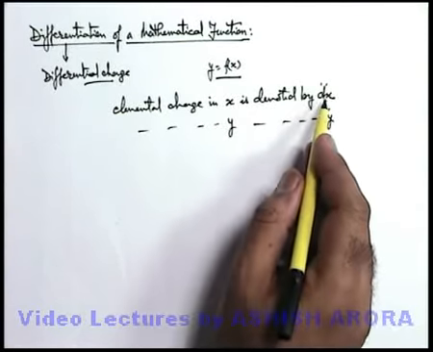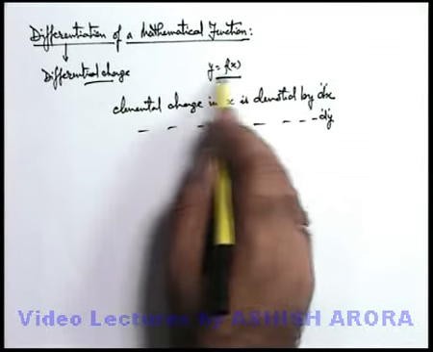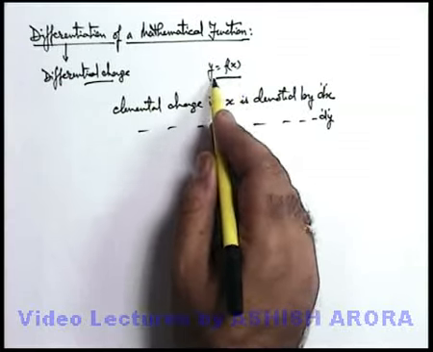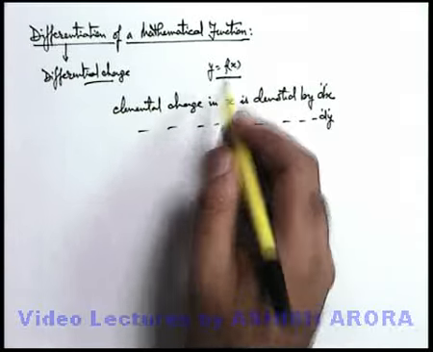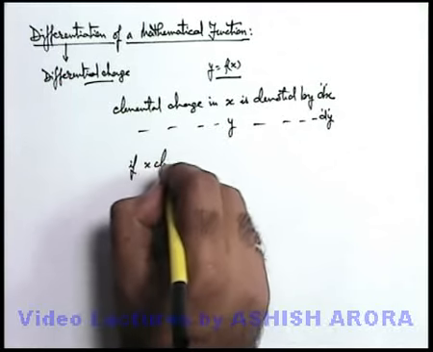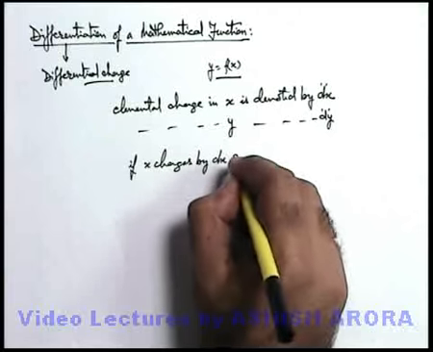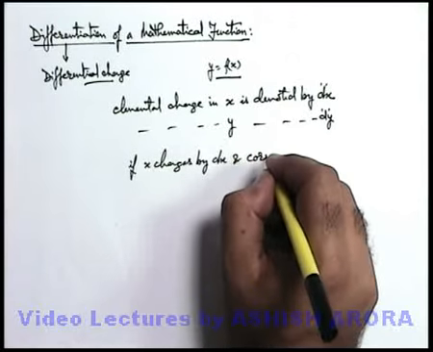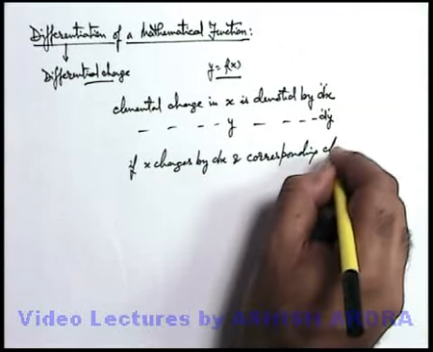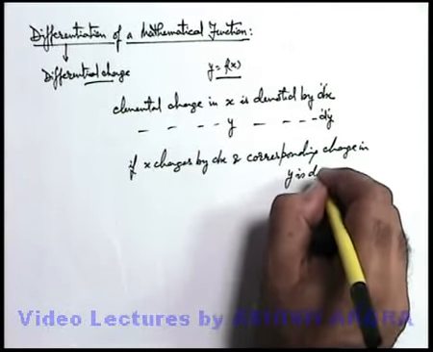Now, if we correlate differential changes in a given function, it may be of any type: algebraic function, trigonometric function, or any other kind of function. So let x change by dx and the corresponding change in y be dy.